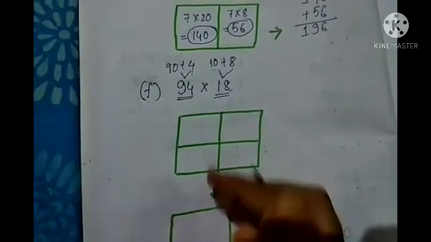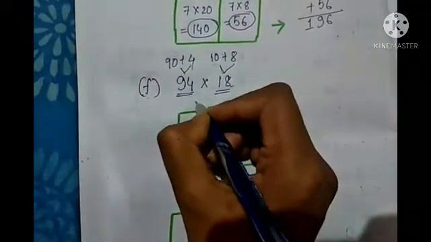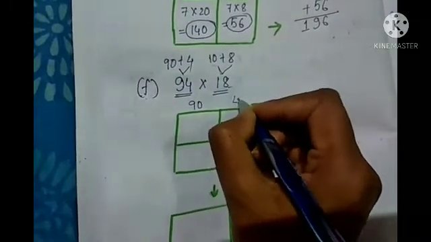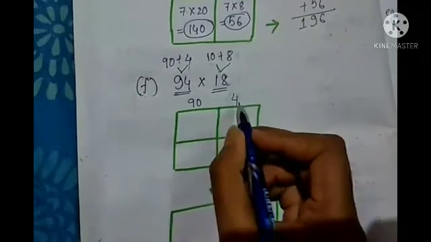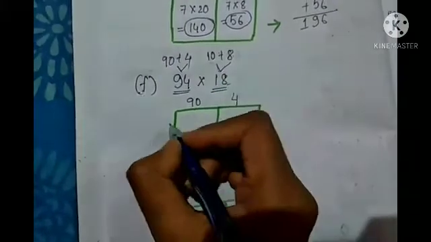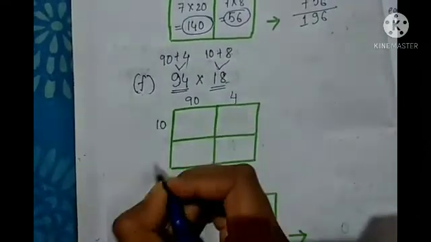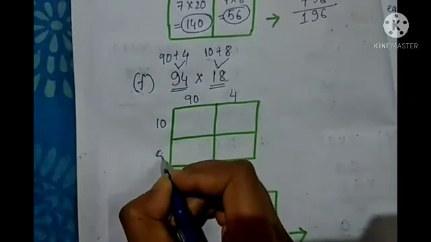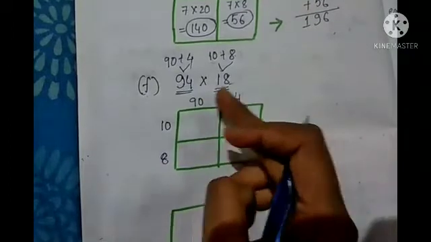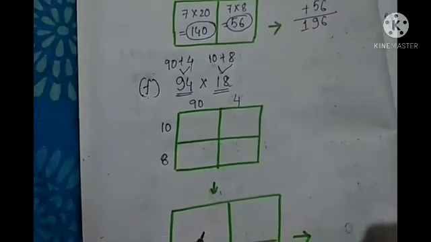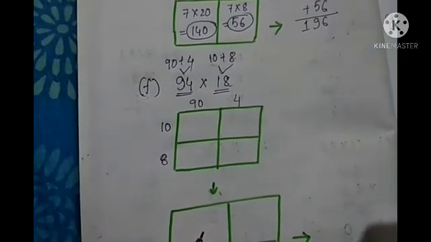So let's write it. First of all, we will write this. So 90 plus 4. Here no need to give the plus sign. Just write them separately. 10 plus 8. So in one box you write 10, another one you write 8. So here you are writing 18 and here you are writing 94. Right? Now, according to the rule, how will we do?